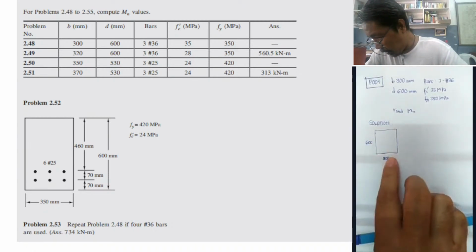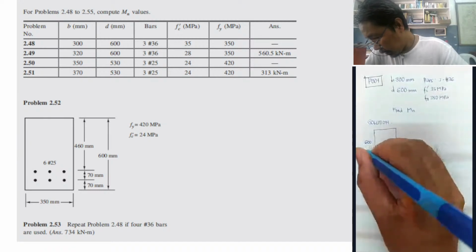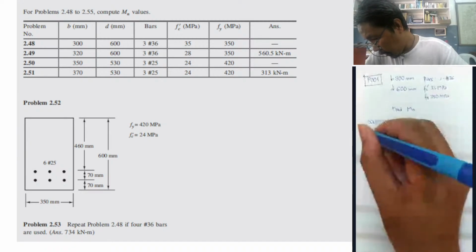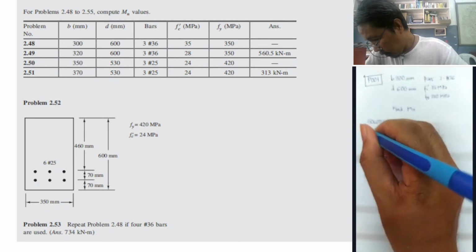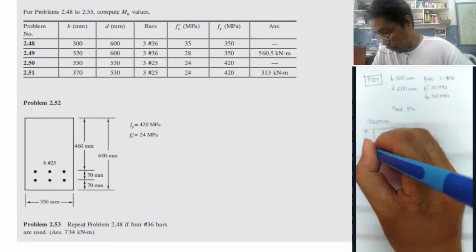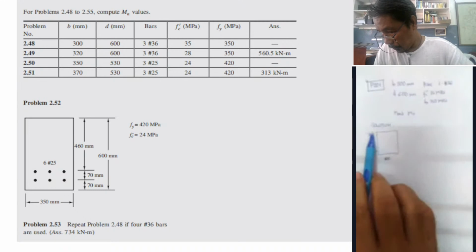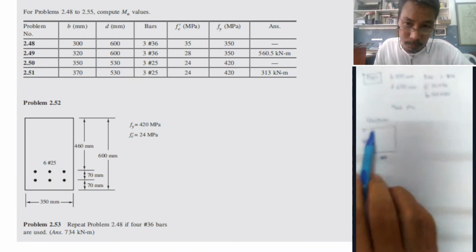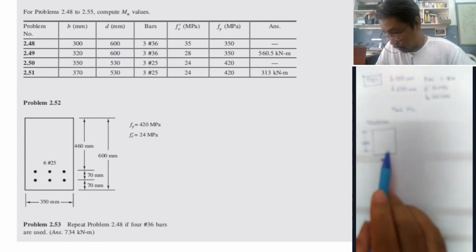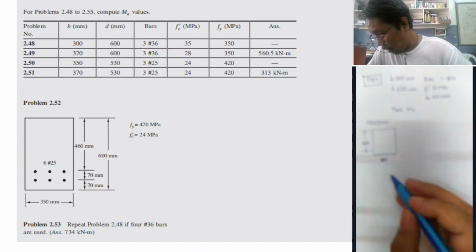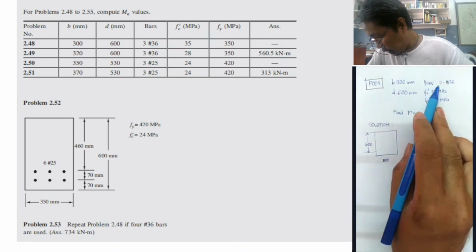What do you mean by the BD? BD is only up to this point, from the top extreme fiber to the center of reinforcement. Take note, I am using the word center of reinforcement. So, for example, we have how many reinforcement? 3. There are 3 reinforcement.